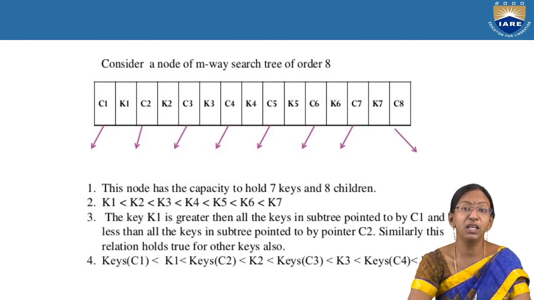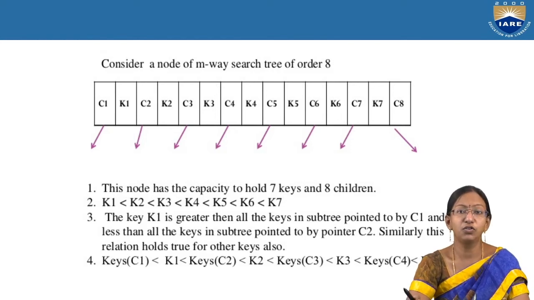Keys are nothing but data points. Then what will be the nature of this data? K1 must be less than K2, K2 must be less than K3 and so on, K6 must be less than K7. Means the keys are arranged in ascending order.